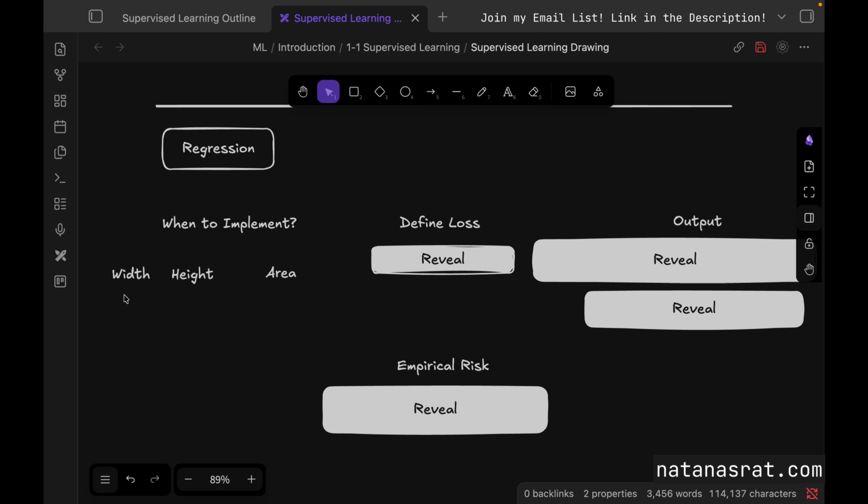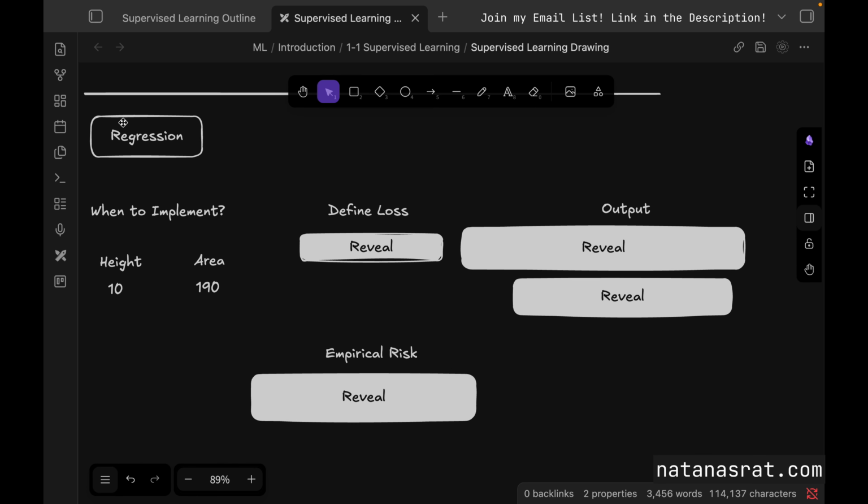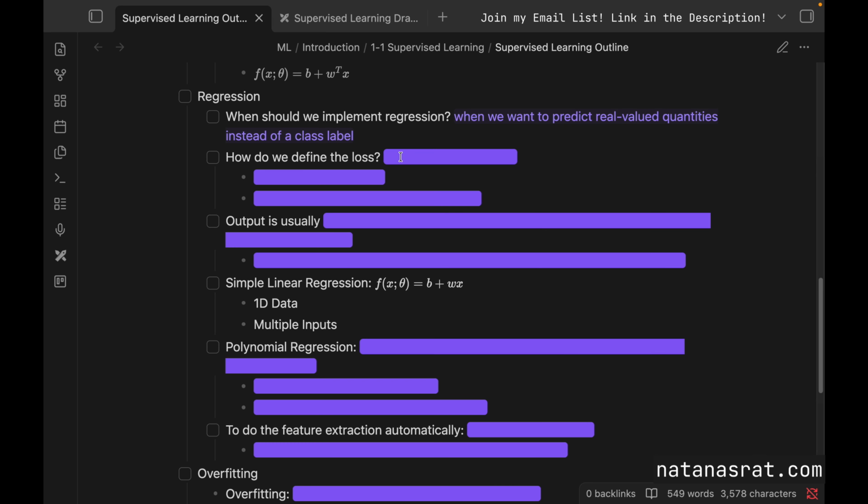This is basically a simple multiplication, so we expect our model to learn how to do multiplication in this case. The output here is a real valued number, which means it can assume any value on the real number line. For those kinds of problems, we want to use regression.